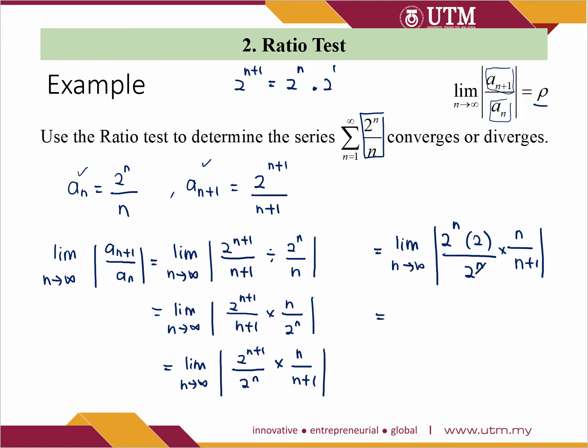Where this one we can cancel out, and what is left is just the limit as n approaches infinity of 2n over n plus 1.